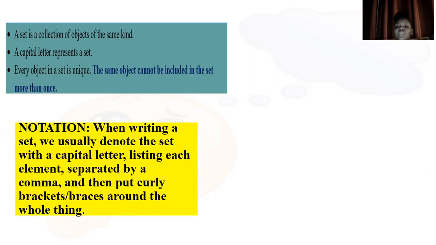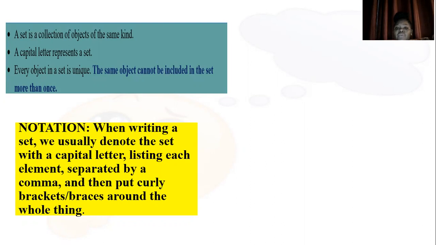And remember, those curly brackets mean "the set of." The numbers, the items, or the objects within that set are called the members or the elements. And we separate those members or elements by using commas. Now remember, those elements do not repeat themselves.